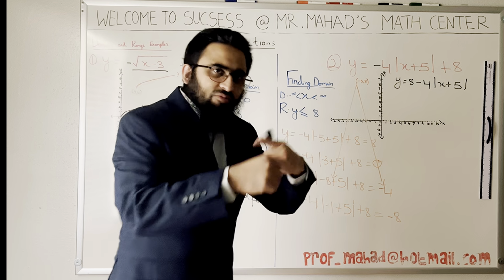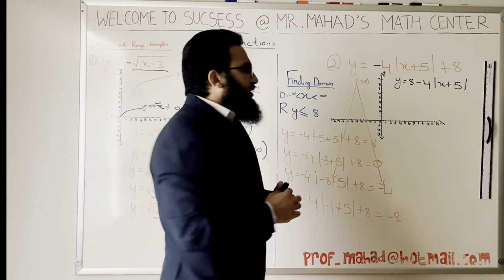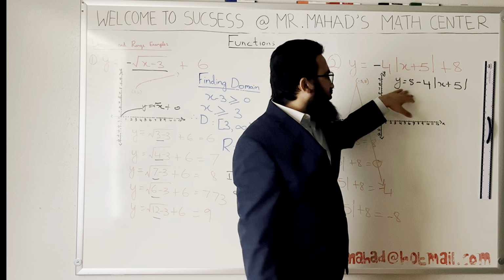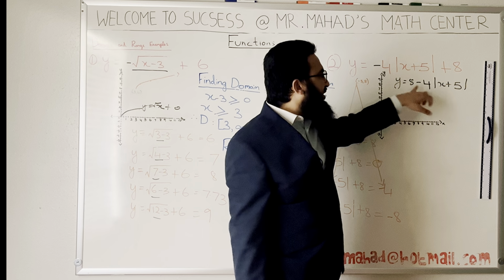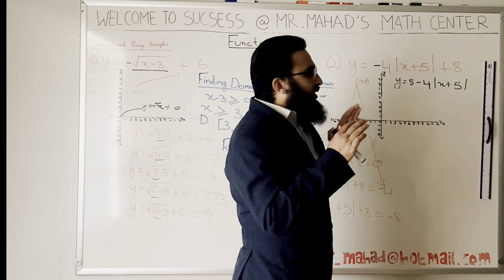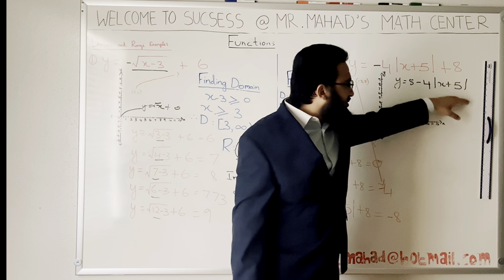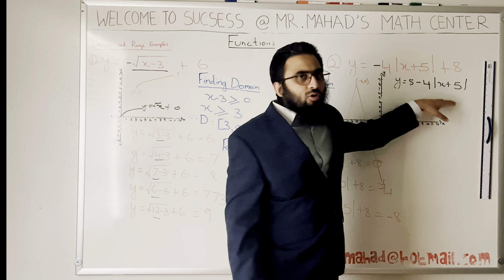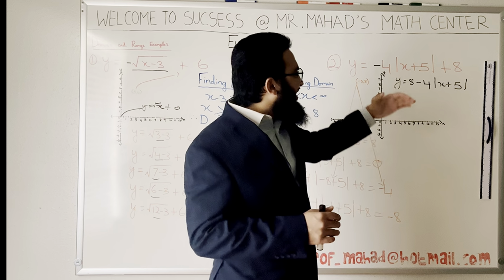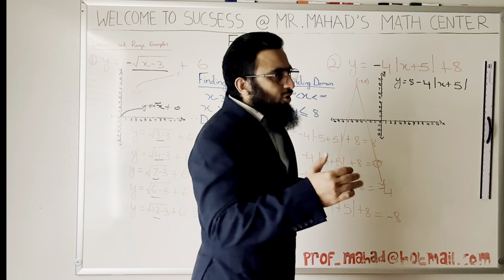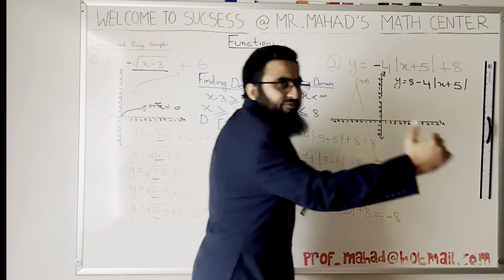Let me rephrase this. If this is 0, then of course y is 8, because 8 minus 0 is 8. Any other x value you choose, except the x value where this is 0, will always give you a y value which is less than 8, because something is always being subtracted from 8.